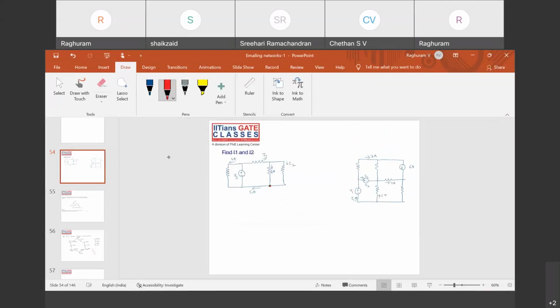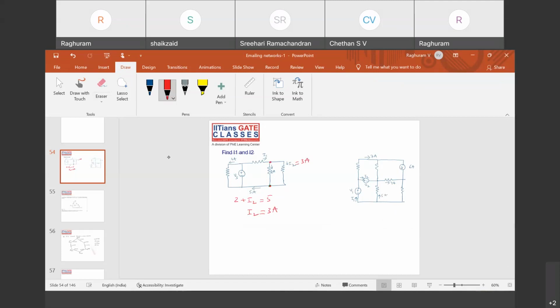KCL states that all the current entering a node is equal to the current leaving the node. And tell me what are the currents entering the node? 2 amperes plus I2 is equal to 5. So I2 is 3 amperes directly, right? So these two currents add up to 5, right? And now I know I2 is 3 amperes.